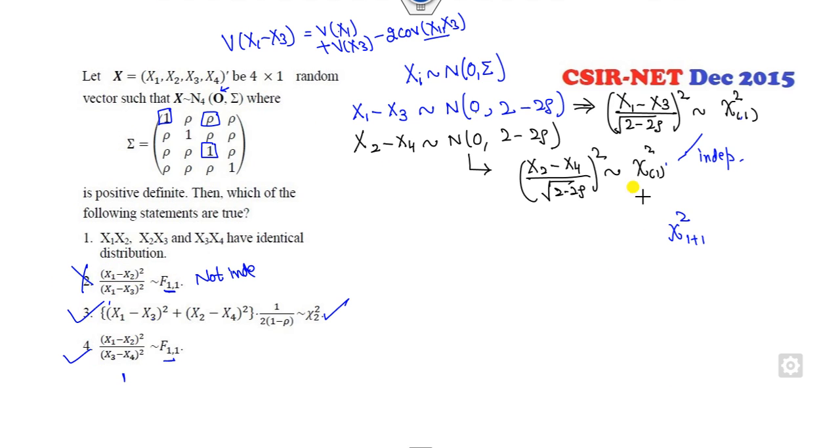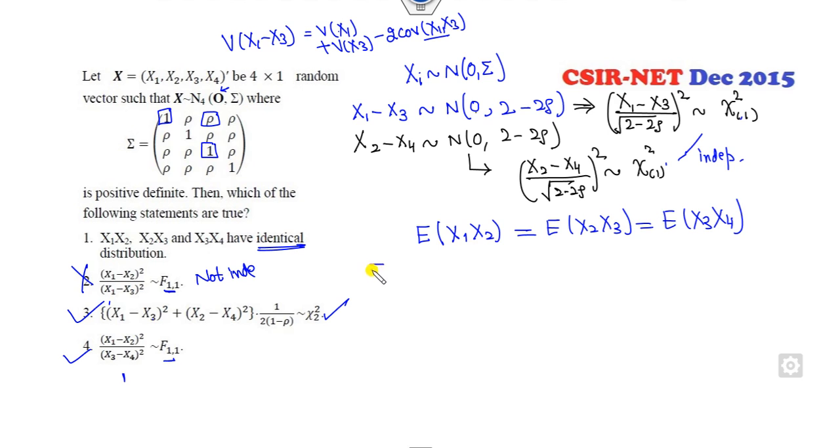Okay, look at the first option. Have the identical distribution. If they have the identical distribution, then the mean of each observation is the same. Fine. Now we can check about the mean of this. How can you find the mean of this? I can use the covariance property: covariance of x1 x2 plus E of x1 into E of x2.